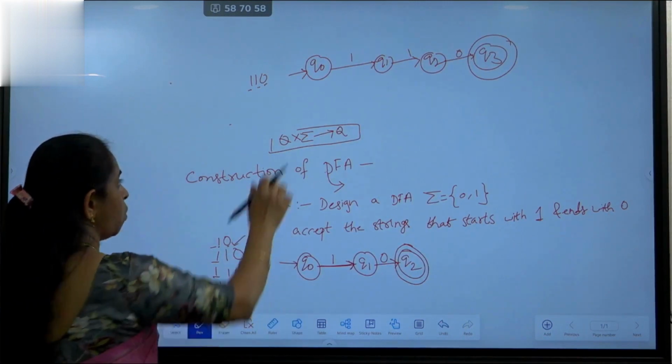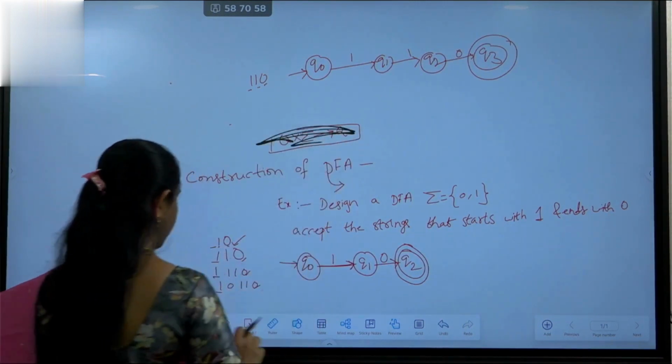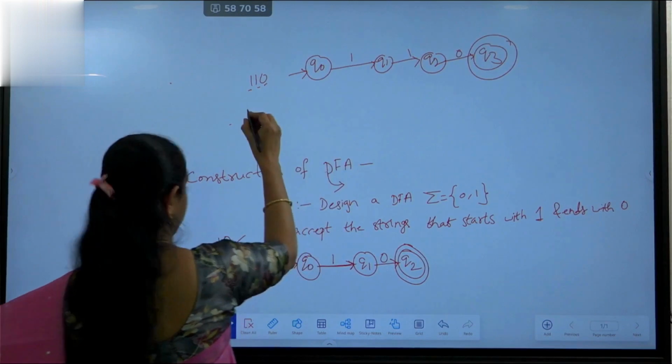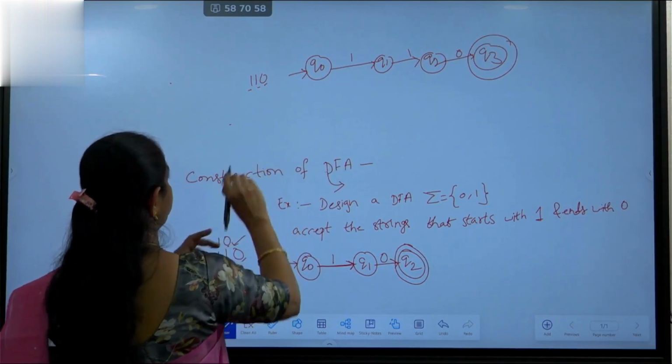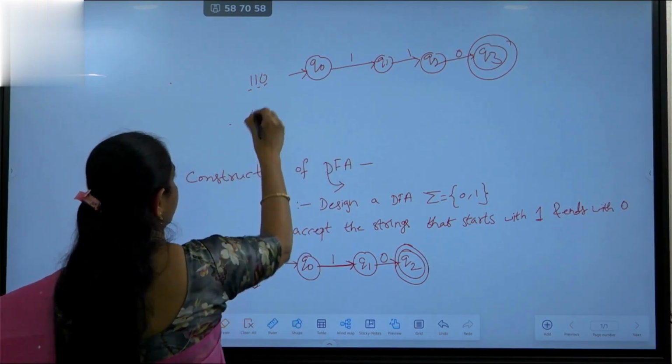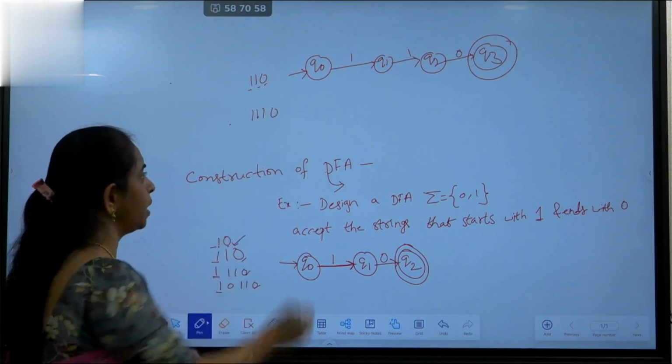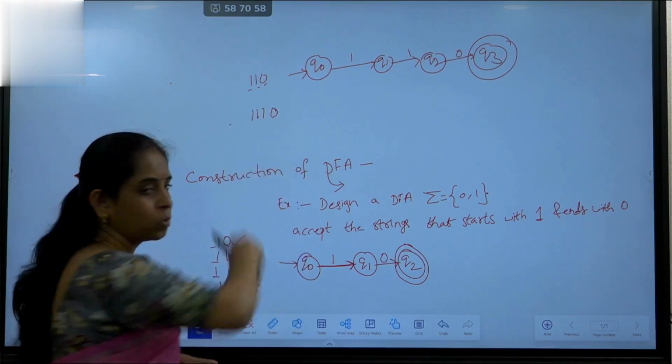Or otherwise we have one more string like 110. We have to satisfy all the strings that start with 1 and end with 0.